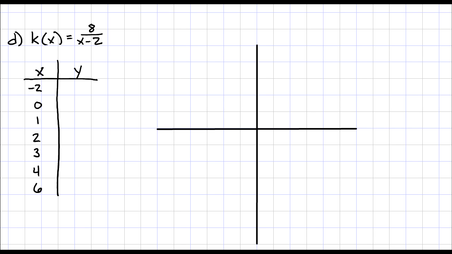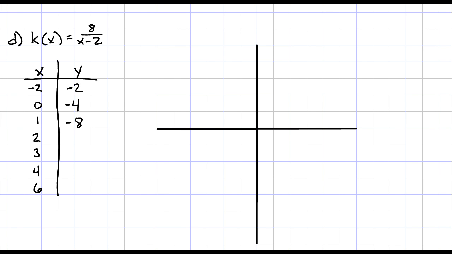So plugging these in, if I plug in minus 2, that's going to give me 8 over minus 4. 8 over minus 4 is negative 2. If I plug in 0, I get 8 over minus 2. 8 over minus 2 is minus 4. Plugging in 1, I get 8 over minus 1 or minus 8.